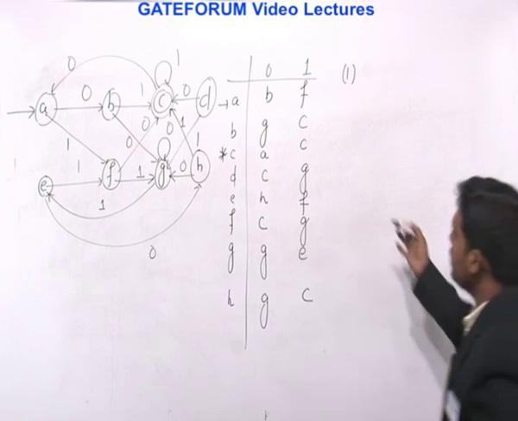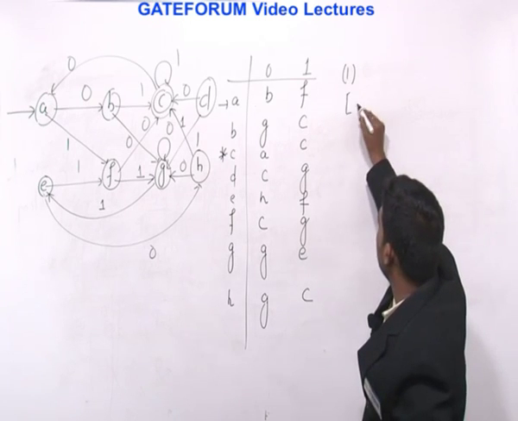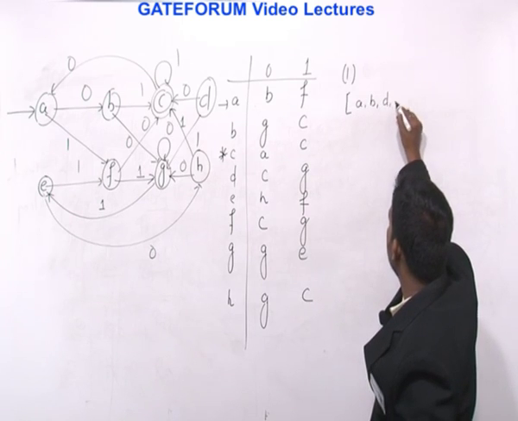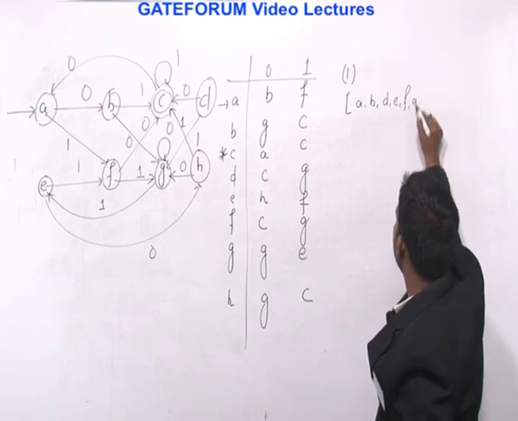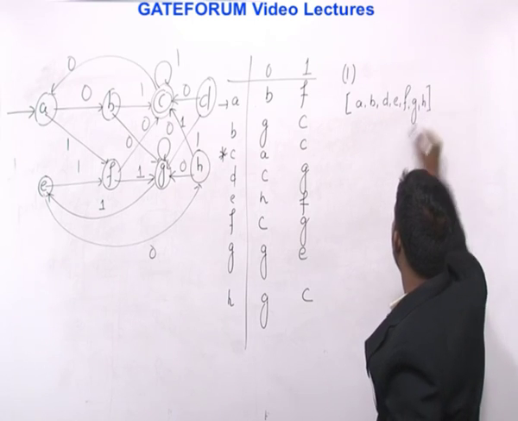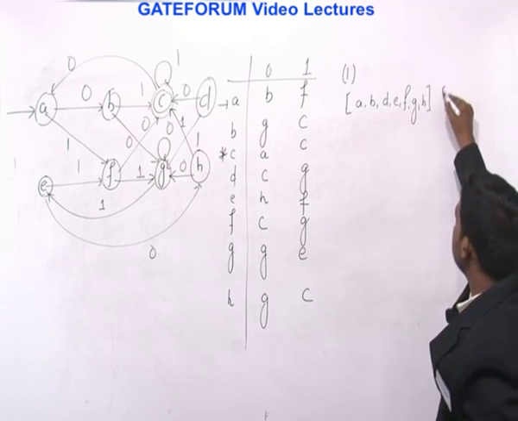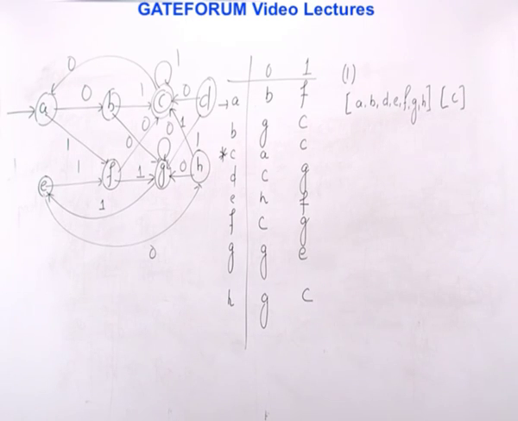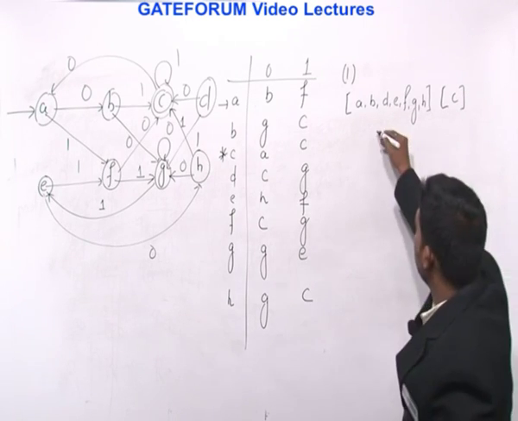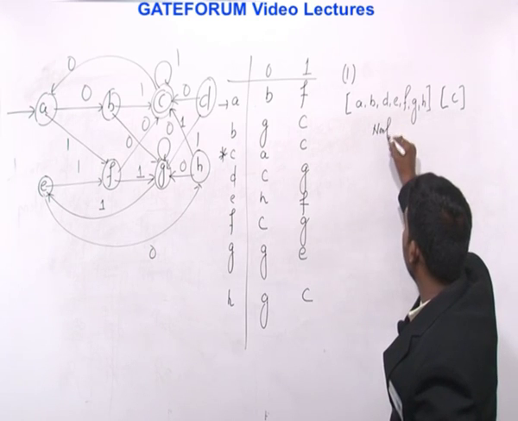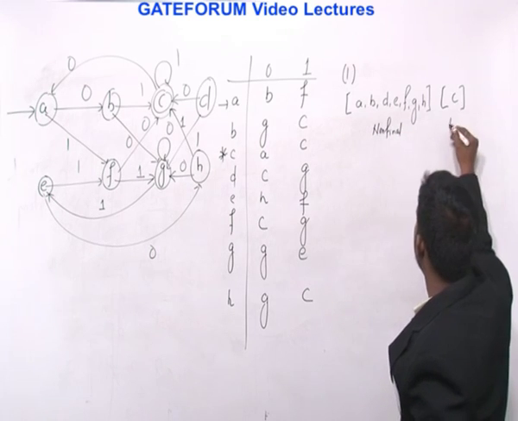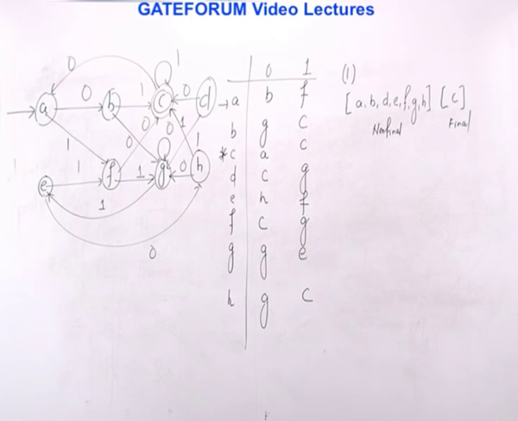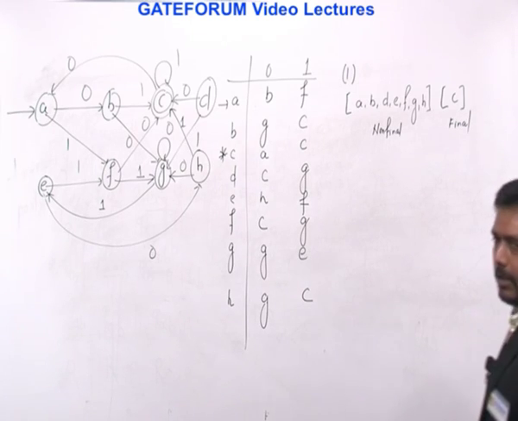So your first partition is non-final: A, B, D, E, F, G, H are all non-final, and the final state consists of only C. So this is non-final and this is final.